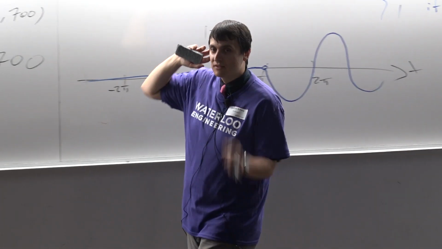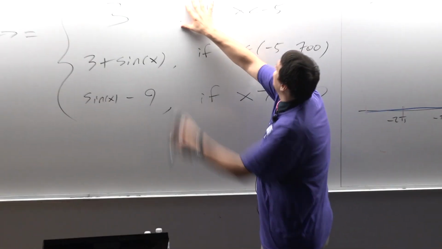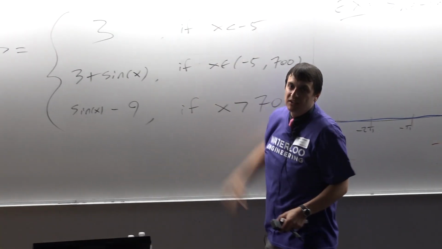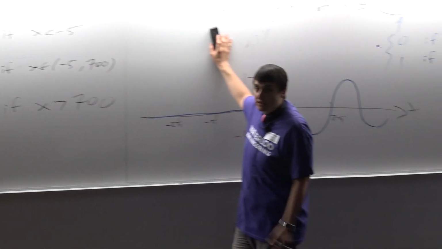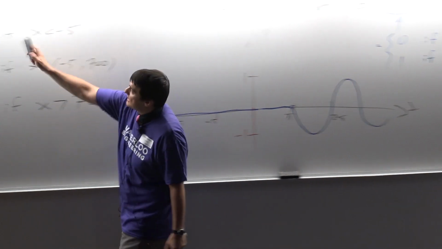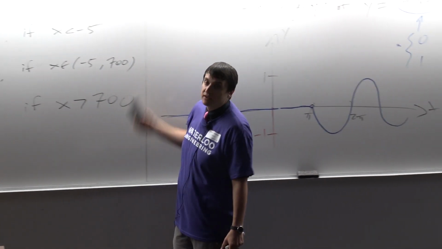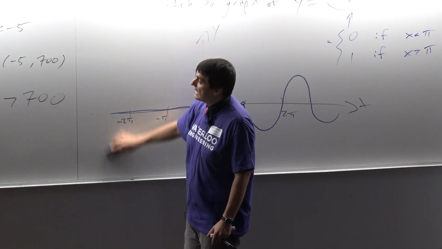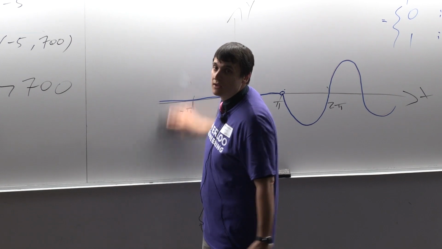How important is the notation? Do we have to do the comma if, or can you just write 3, x less than a, or a semicolon? That kind of notation, I would say, is not super important. If you decide to put a semicolon, 3 semicolon x less than -5, this semicolon x between here and here, I'm not too concerned about that. Again, if it's right and it makes sense and it's logical, then I'm okay with it.